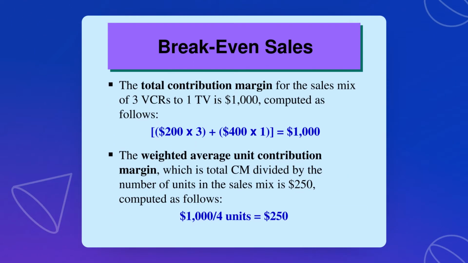Alright. So first, class, in terms of the break even, the total contribution margin for your sales mix, for example, of 3 VCRs to 1 TV, can be computed as follows. How do we compute the CM?